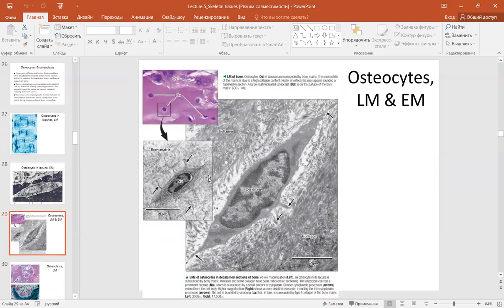Here is the light micrographic representation of the osteocytes, the osteoclast, osteocyte, lacuna space filled with watery fluid, and cell processes of osteocytes directed toward the canaliculi of the bone tissue.